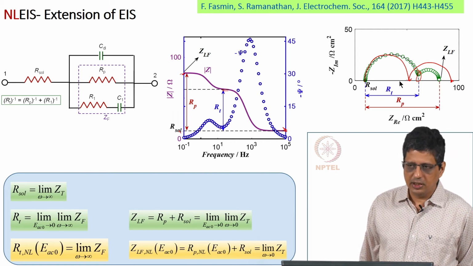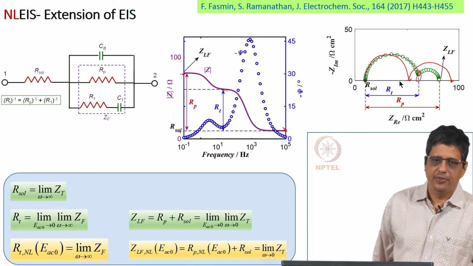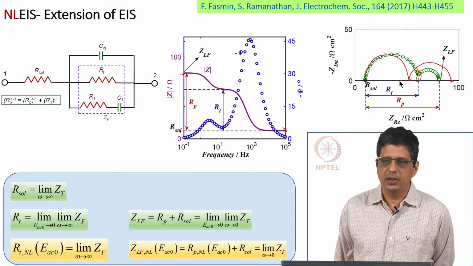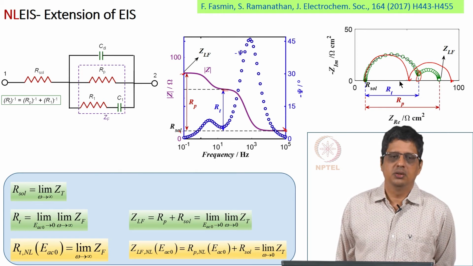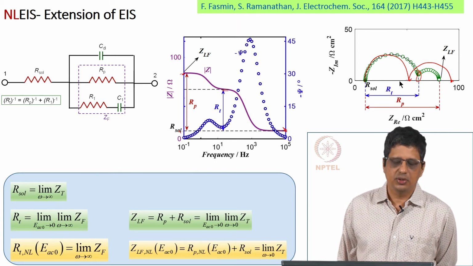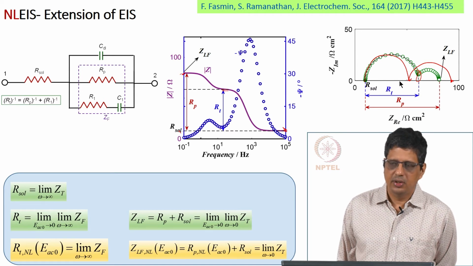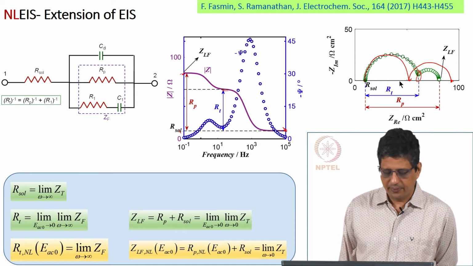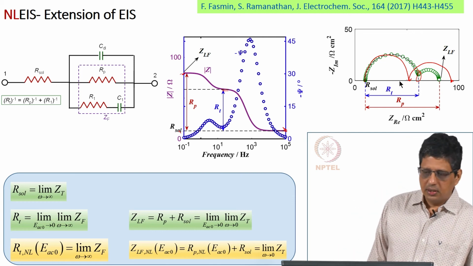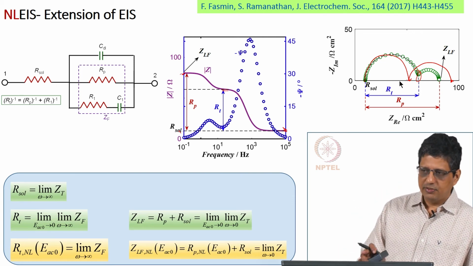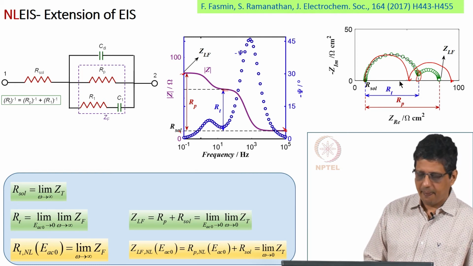EAC 0 can be large, can be small. In general, RT and RP can depend on EAC 0 and we would describe those as RT-NL and RP-NL. So, at the fundamental, as we mentioned before, it is easy to measure the nonlinear impedance data.